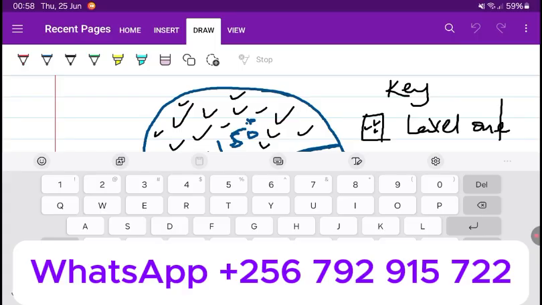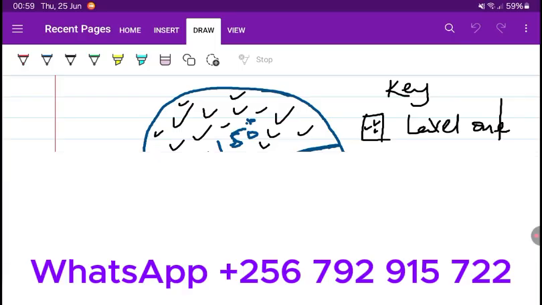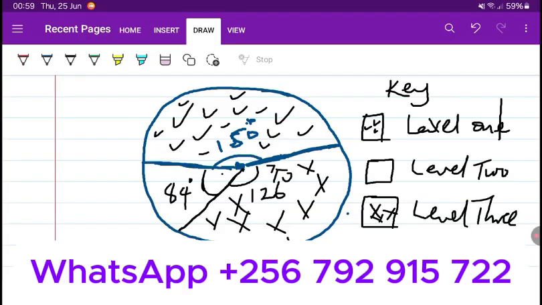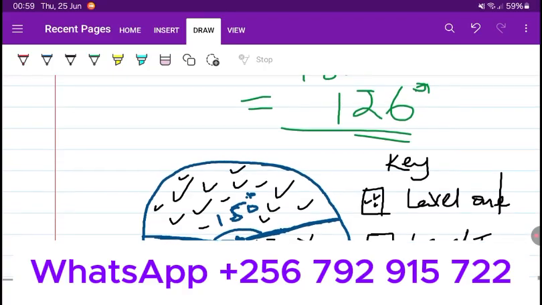That can be our title, because these sections, the different sections that we have got, represent the information to do with the number of students in different levels, from level 1 to level 3.